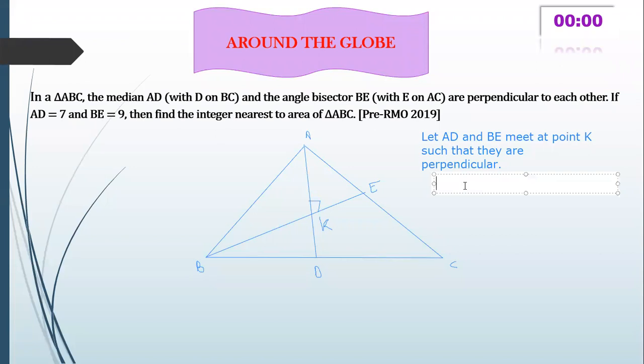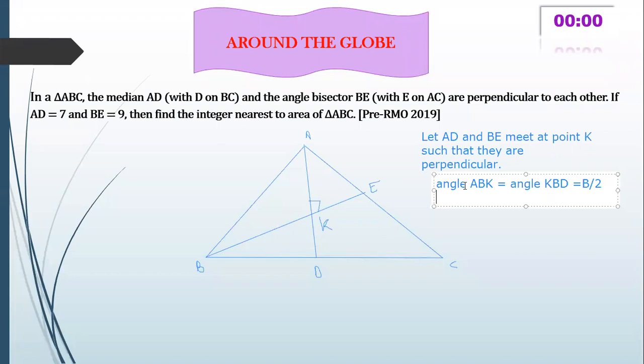So you can tell from here that angle ABK is equal to angle KBD, which is equal to angle B by 2, as it is the angle bisector. Similarly, we can also tell for angle BAC.